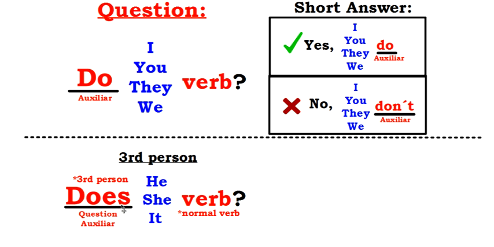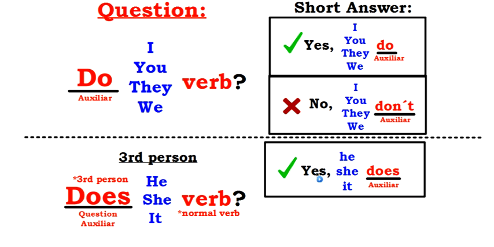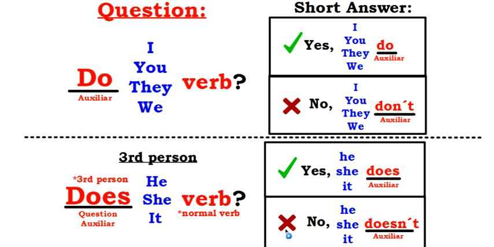For example, does. Now, when we say yes to the question, we say yes, the subject, and does. Again, the auxiliary. And no, we say no, the subject, and doesn't, the negative auxiliary.